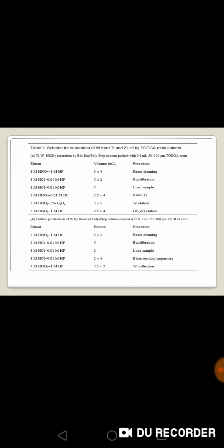And for all these we have to use different eluents that are given in the left lower corner: 3 molar HNO3, 1 molar HF, 8 molar HCl, 0.01 molar HF for the elution, and again for the sample load, and again for the eluent reservoir, and finally 3 molar HNO3 and 1 molar HF solution containing 2.5 times 2 ml volume for the tungsten collection.